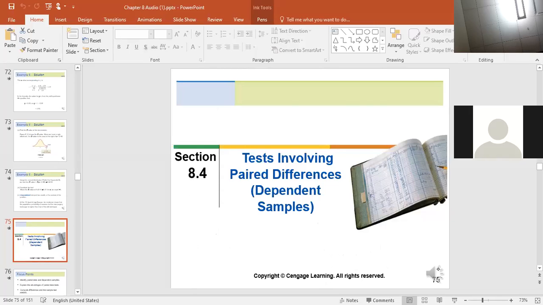So we can also test hypotheses about parameters using paired data or dependent samples. In dependent samples, data are collected in pairs because we want to compare two things at a time.